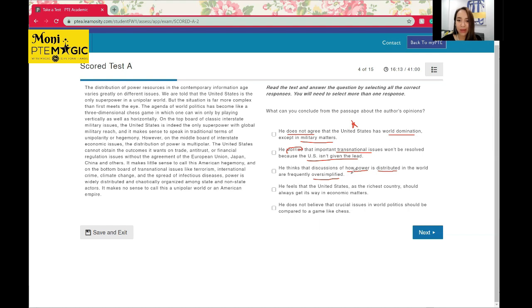Oversimplified means they just make it too simple, but it's not that simple. Keep in mind that the words used here are most likely paraphrased. They will try to trick you by not using the same words as in the text. So you will have to find the keywords in the text, but in the paraphrased version.